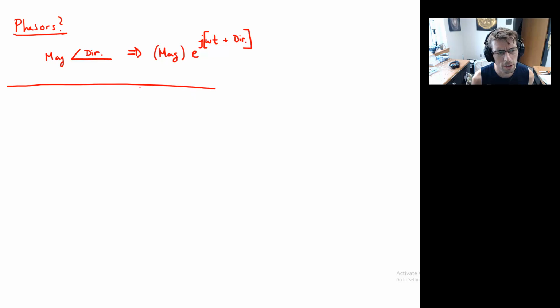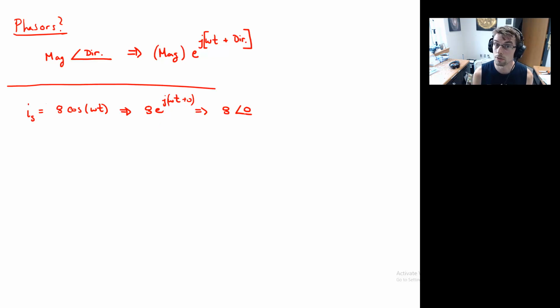So, okay, what happens if we want to do this in terms of phasors? Well, first of all, let's go ahead and write our current. Originally, we had our current as 8 cosine of omega t. We could rewrite that as 8e to the j omega t. Or if we're really lazy and just want to write it in phasor notation, we just write this as 8, 0, right? Because I'm adding 0 up here in the exponent.